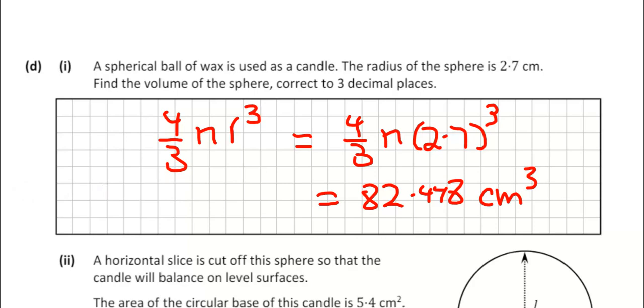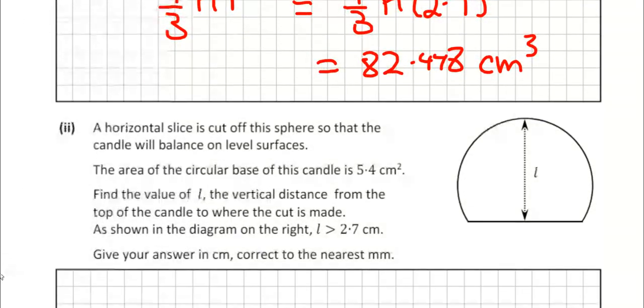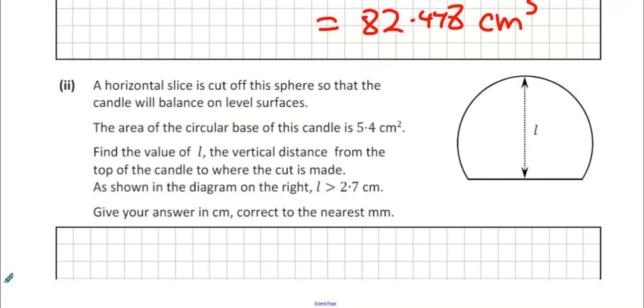Okay? Now, a horizontal slice is cut off the sphere so the candle will balance on level surfaces. The area of the circular base of this candle is 5.4 centimeters squared. So if you imagine that, when you cut an orange, if you slice an orange, the cross section is still a circle.